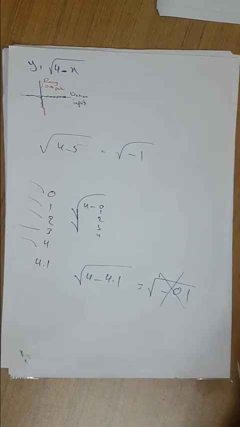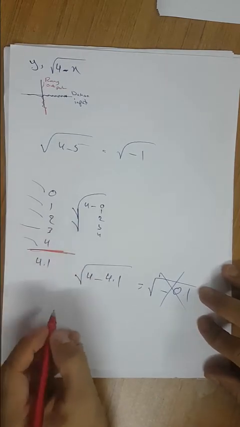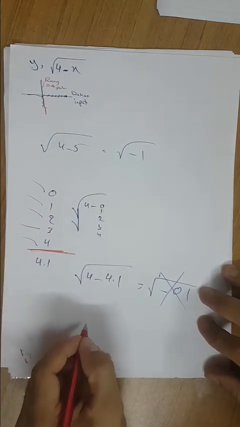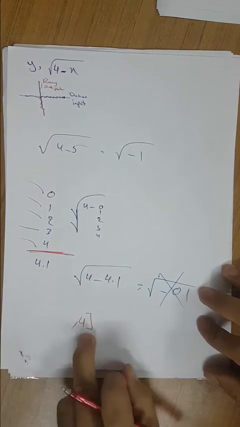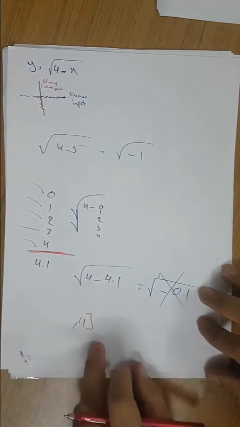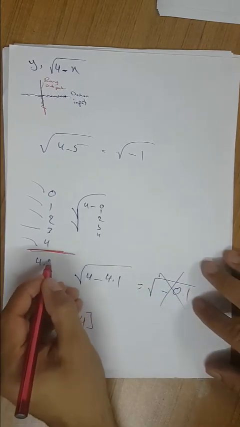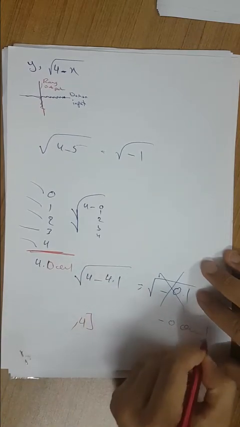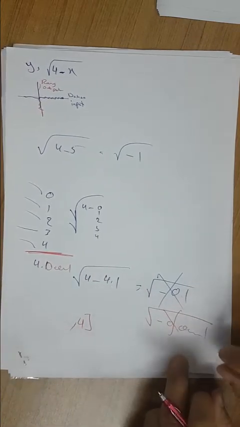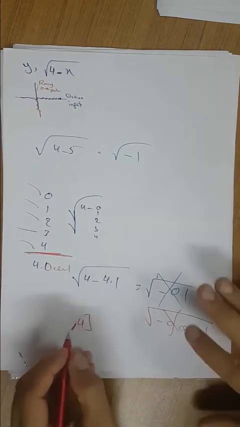So in that case, this is my domain, my domain will go up to 4. We cannot put more than 4. Even 4.0001 you cannot put, because you will get negative 0.0001 under the square root. It's again not allowed. So now my upper limit is 4.